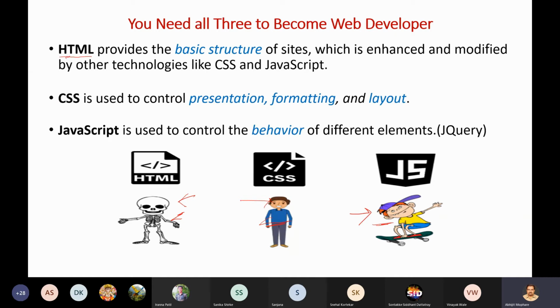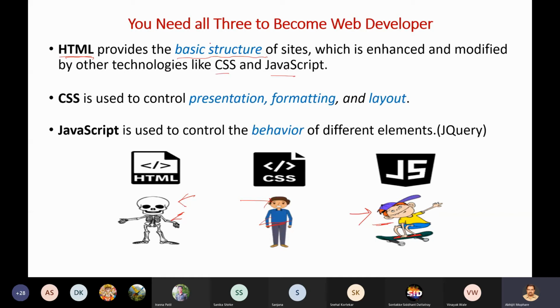So what is the role of HTML? HTML provides the basic structure of sites. What you see on the site is defined by HTML. These are HTML elements, which are enhanced and modified by other technologies such as CSS and JavaScript.